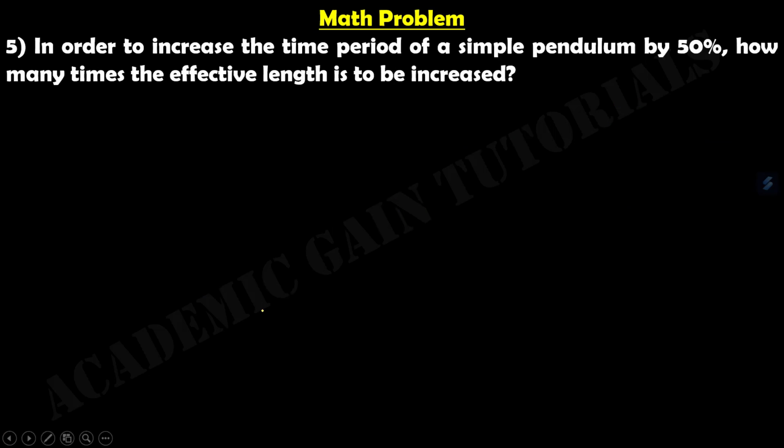Now coming to the fifth one, it says that in order to increase the time period of a simple pendulum by 50%, how many times is the effective length to be increased?